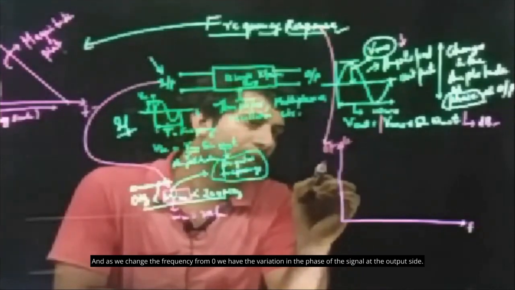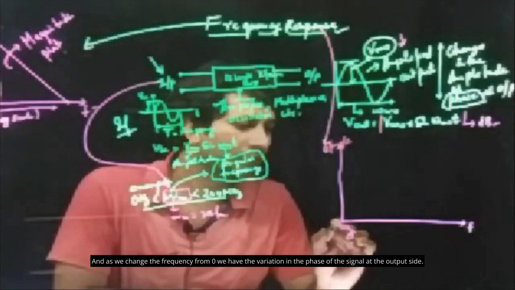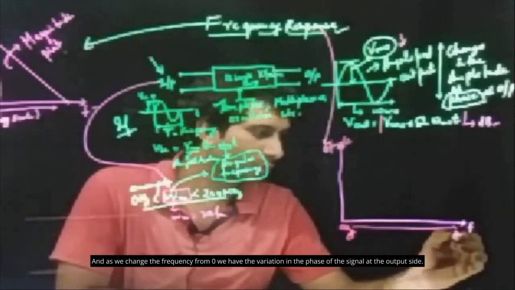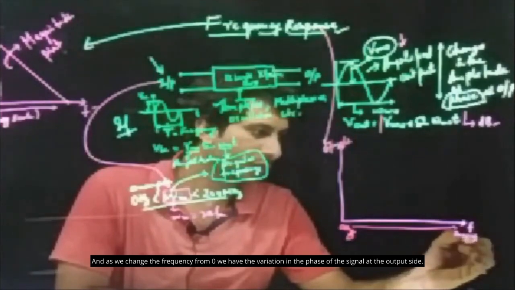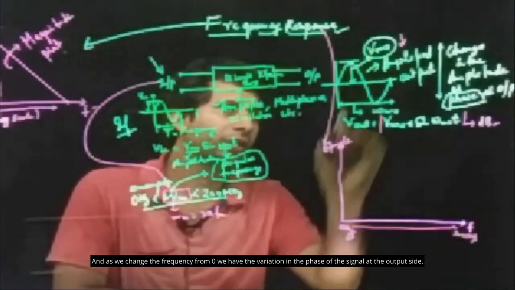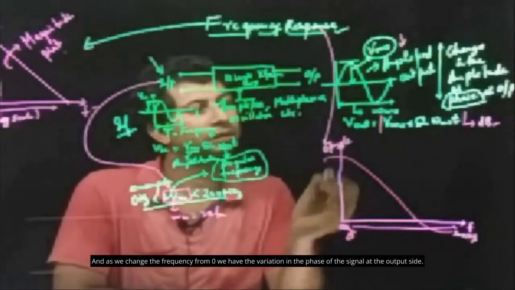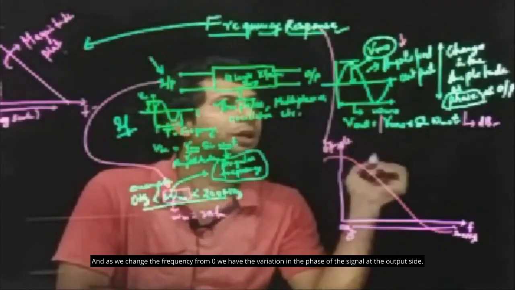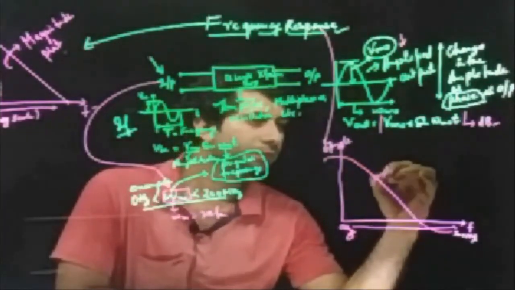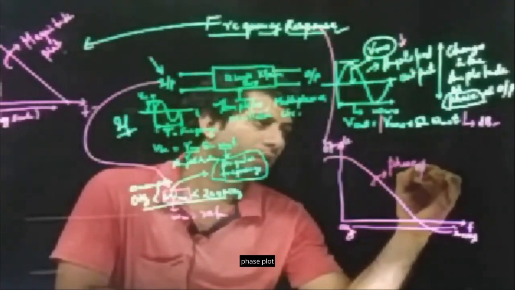As we change the frequency from 0 hertz to 200 megahertz, we have a variation in the phase of the signal at the output side, and this plot is known as the phase plot.